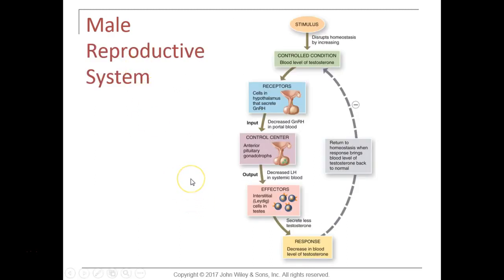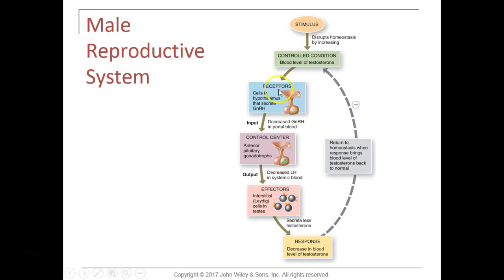So there's a negative feedback loop from the testes and the production of testosterone to the hypothalamus and the pituitary, where if we have an increase in blood levels of testosterone, so let's say there's a lot of testosterone in the blood, an increased level of testosterone then inhibits the hypothalamic anterior pituitary axis.